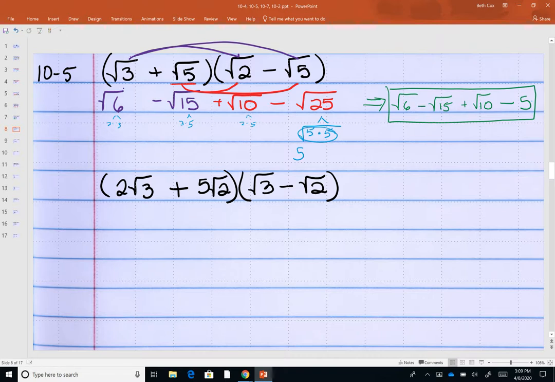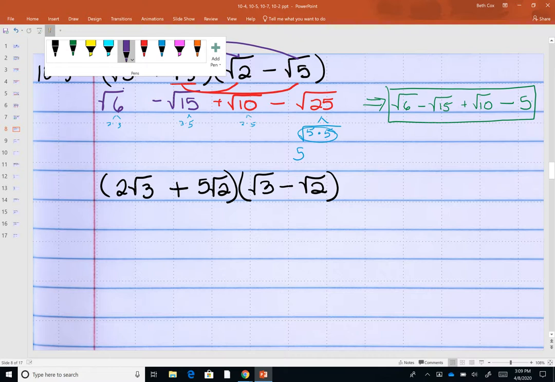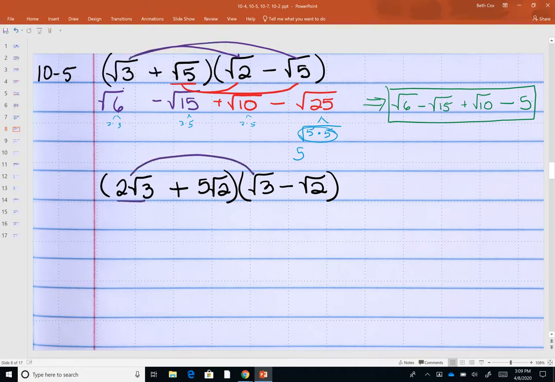That's it. Now, this next one's going to be a little bit different. We're going to have like terms on this next one, and we will be able to do some adding. I'm going to continue to do FOIL. The first thing I'm going to do is take this first one and multiply it by both of those. That's going to give me 2 square roots of 9 and then minus 2 square roots of 6.